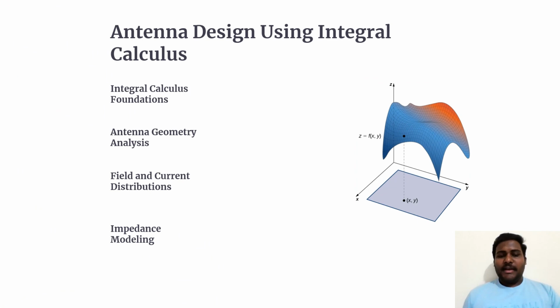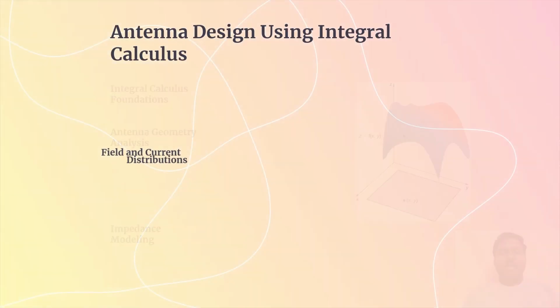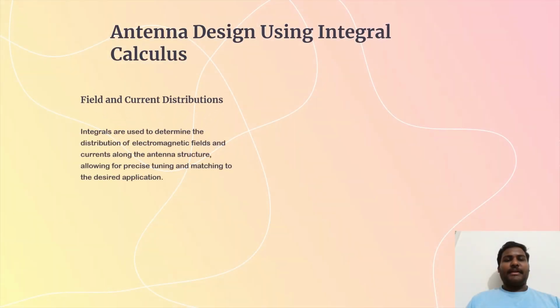Now coming to the field and current distribution. Integral calculus is used for determining the distribution of electromagnetic field and current along the antenna structure, allowing the prescribed tuning and matching to the desired applications.